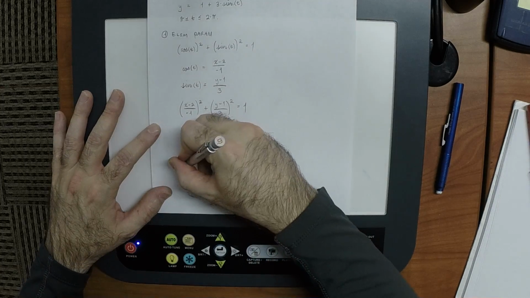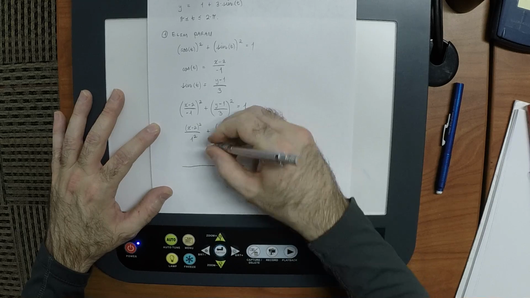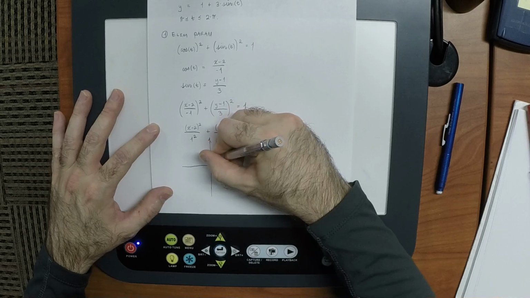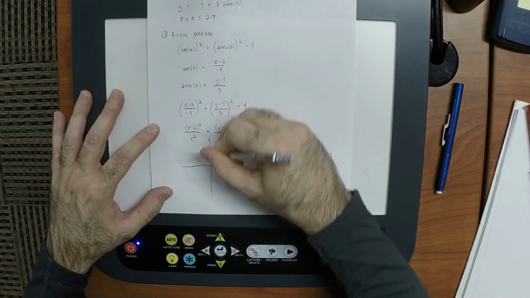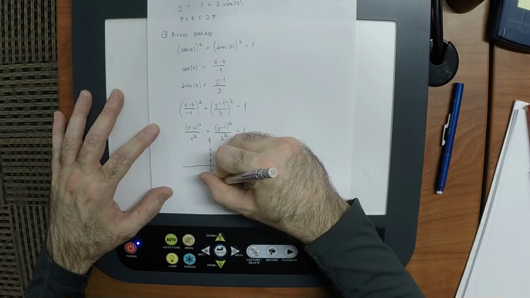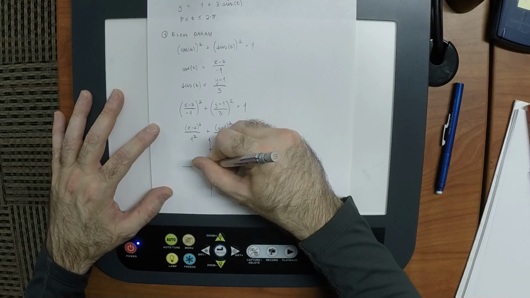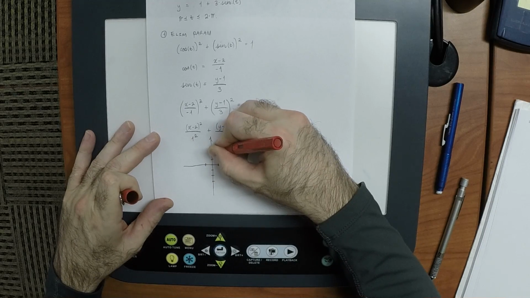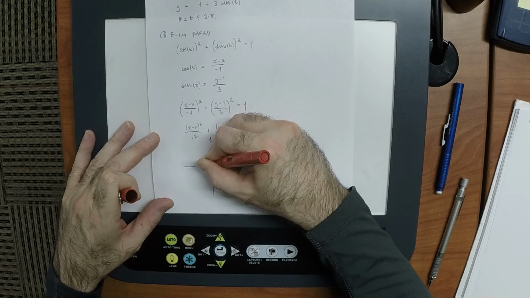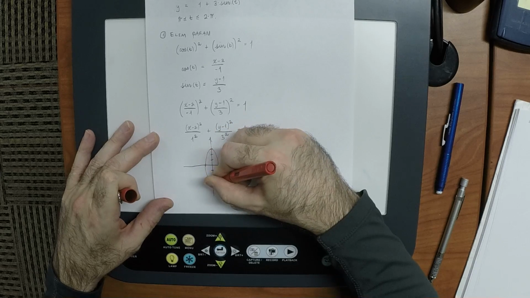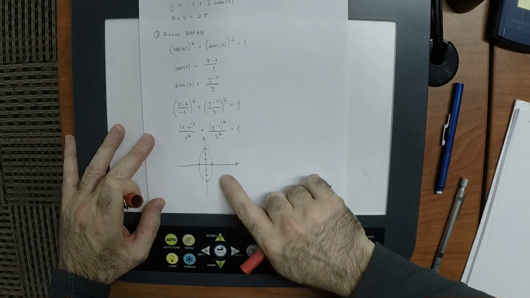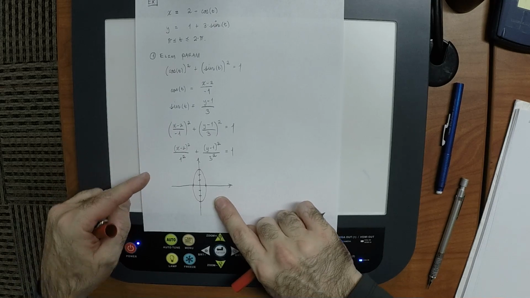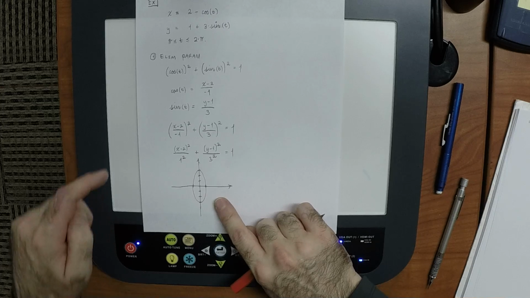Okay, so if we were to sketch it, so that's the sketch for that equation, but that is almost surely not the sketch of what we started with.